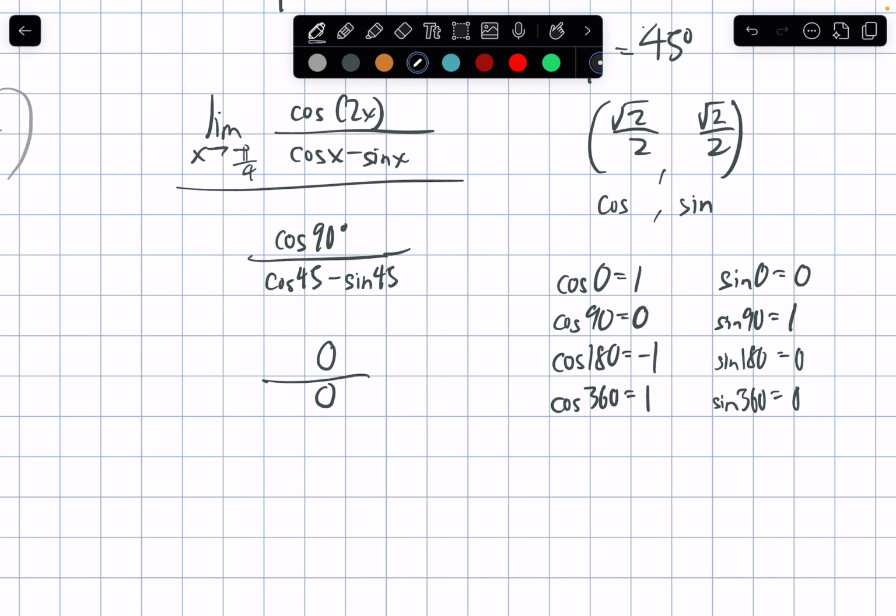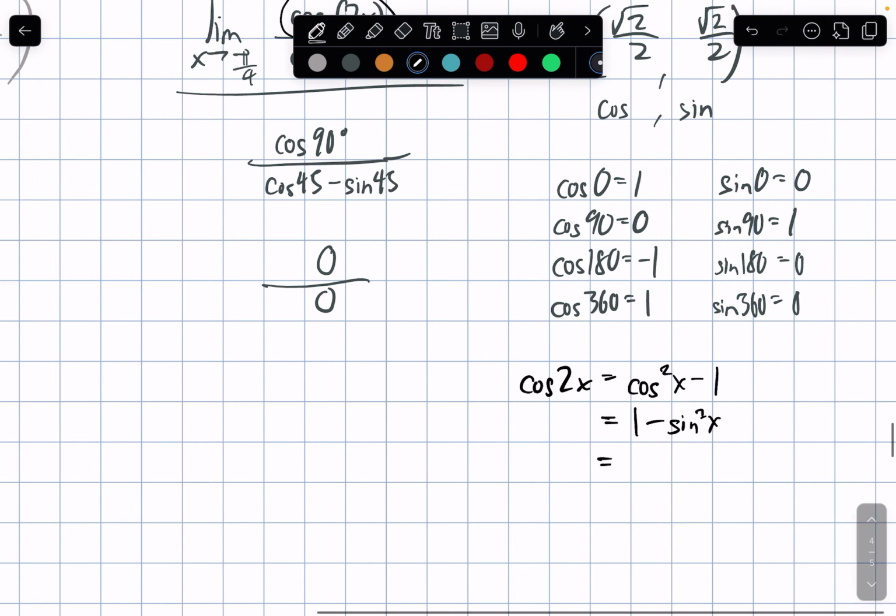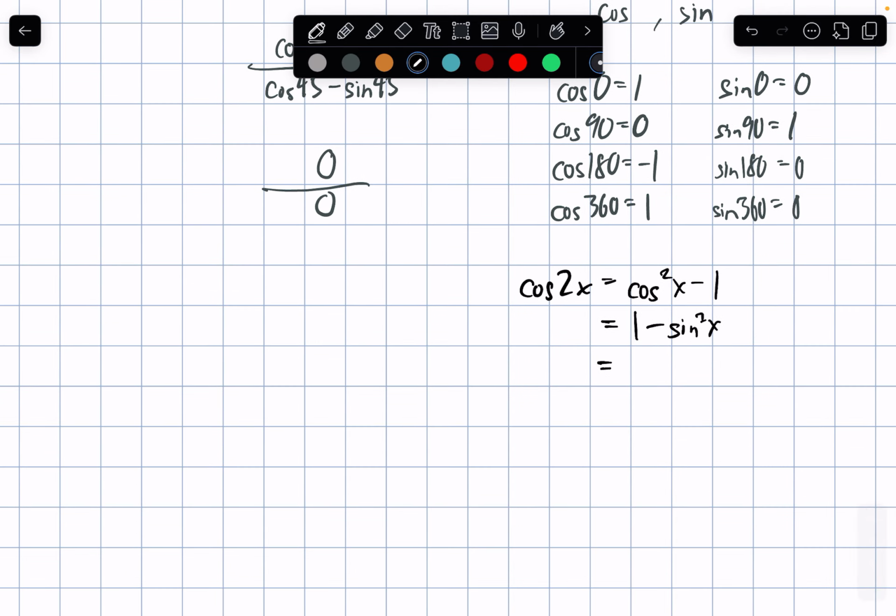Good thing, since this is cosine 2x, there's an identity for that. For one of its forms, if I remember correctly, it's like that. I can't really confirm though, but for sure, this is another form.